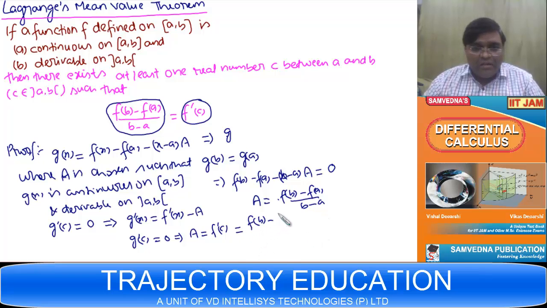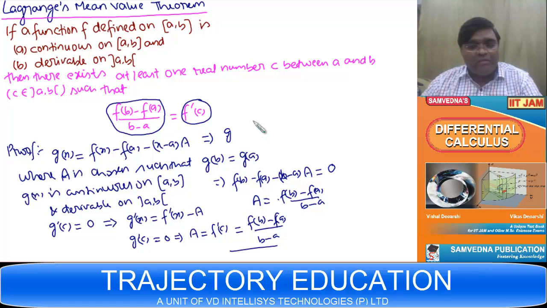So I can say f'(c) is A and A is (f(b) minus f(a)) upon (b minus a). So you find that there exists at least one point such that f'(c) is (f(b) minus f(a)) upon (b minus a). So this is the proof of Lagrange mean value theorem. We have proved it.